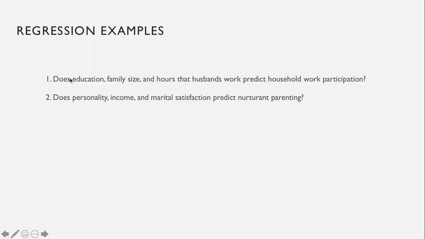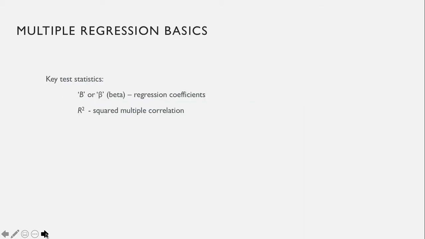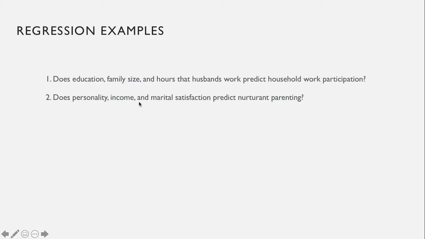So, some regression examples. Does education, family size, and hours at husband's work predict household participation? Does personality, income, and marital satisfaction predict nurturant parenting? Let's go over those more. The first has 3 independent variables: education, family size, and hours that the husband worked, that all predict household work participation.